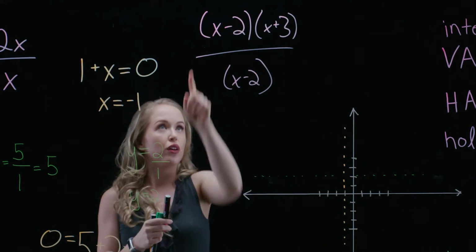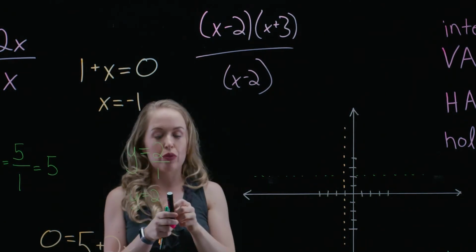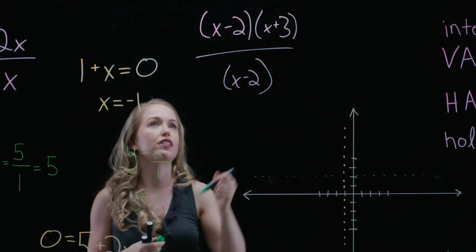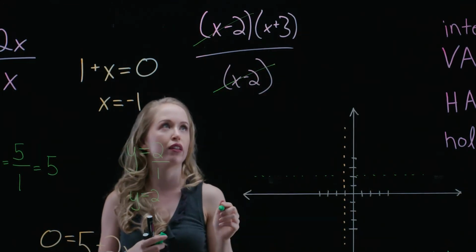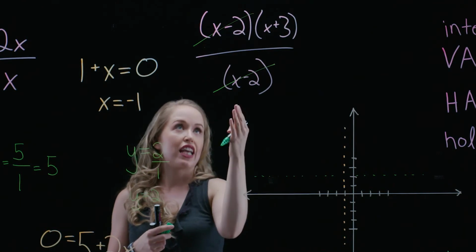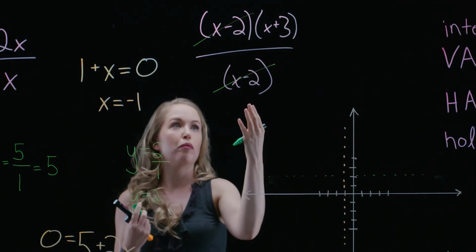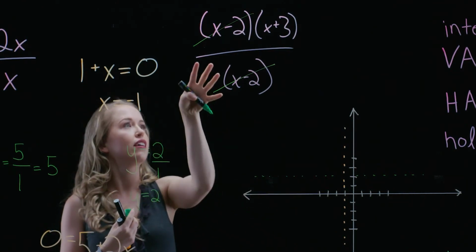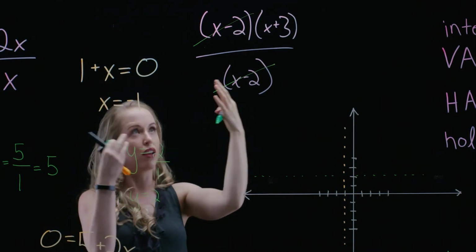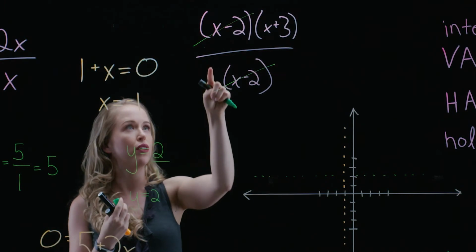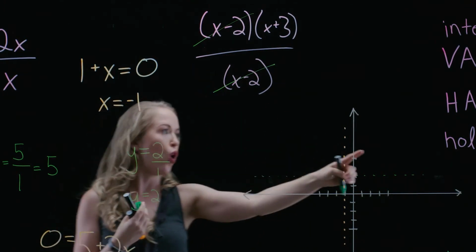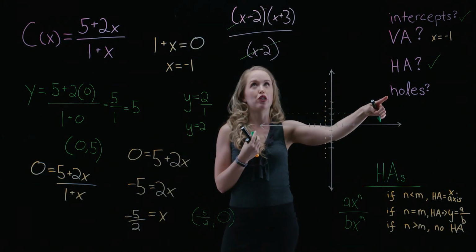However, after I've factored this numerator and denominator, I will also notice that I can cancel out the x minus 2 in the top and the x minus 2 in the bottom. That's an indicator that we call this removable, meaning that this limitation where we're not allowed to have 0 in the denominator is removable. So by definition, we call that a hole instead of an asymptote.